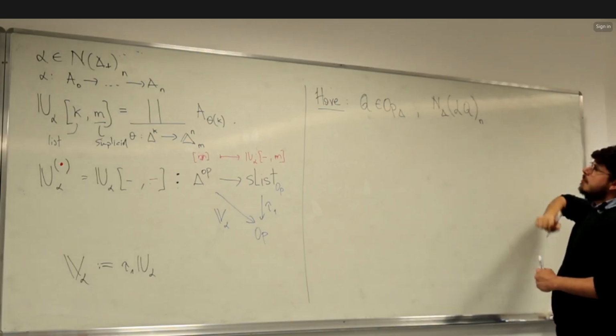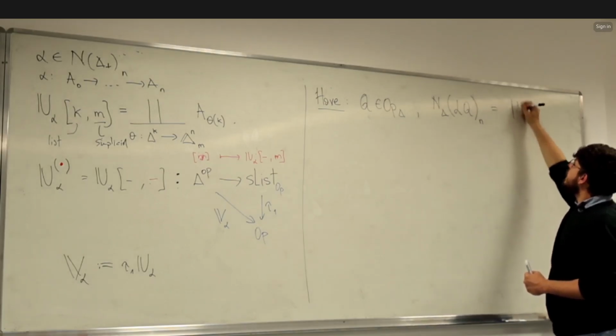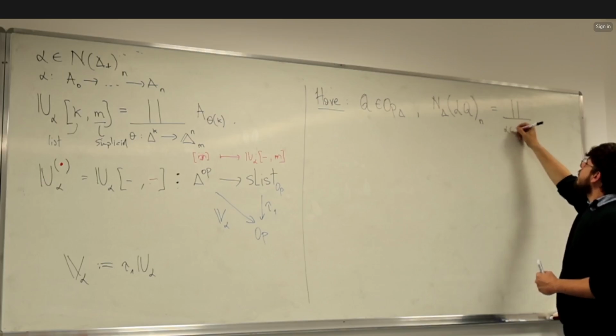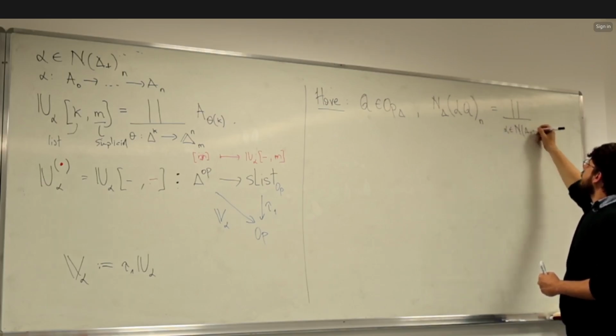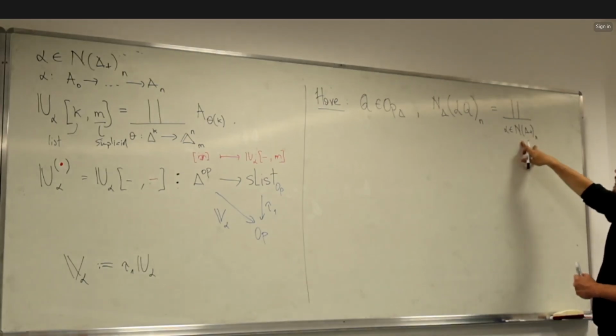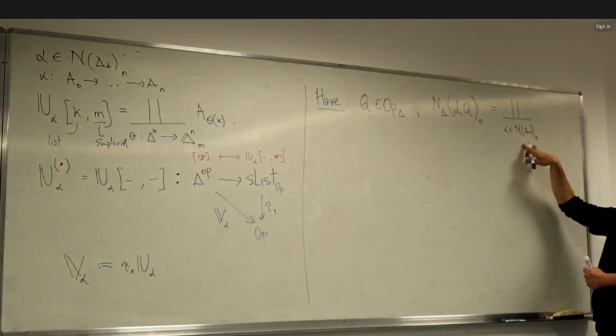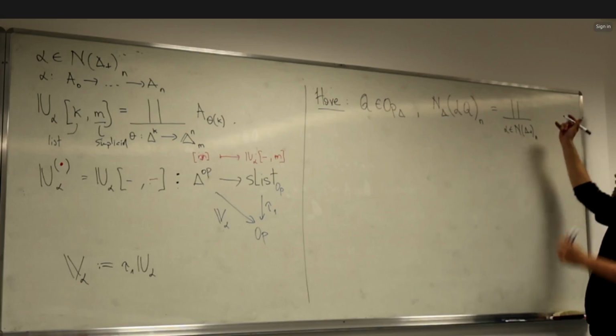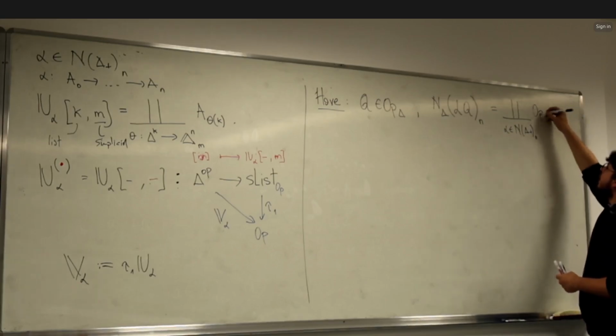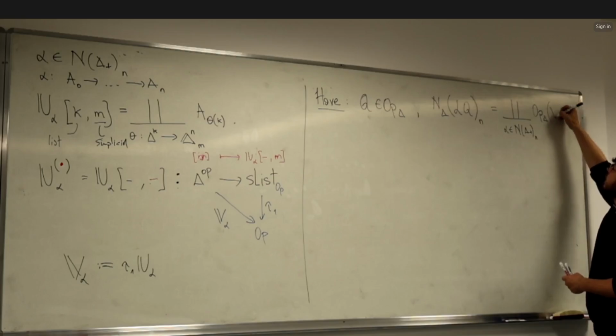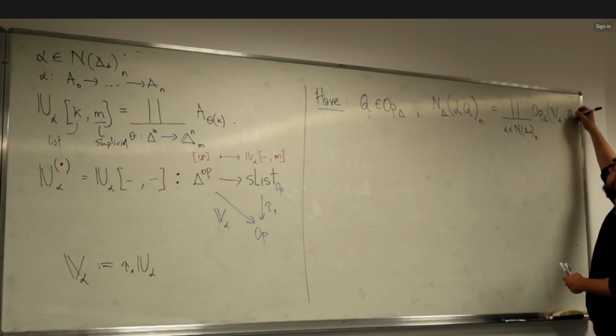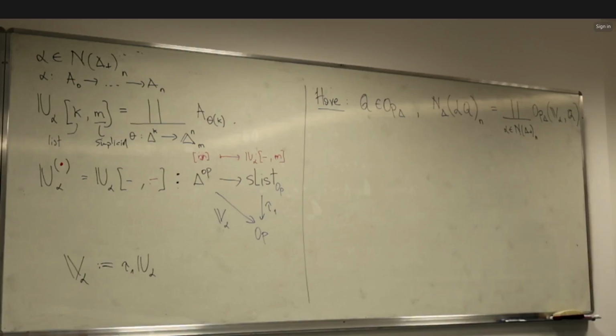An n-simplex here is always parametrized by a level tree shape.